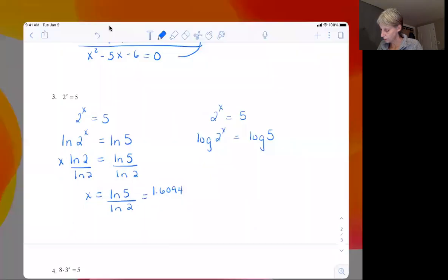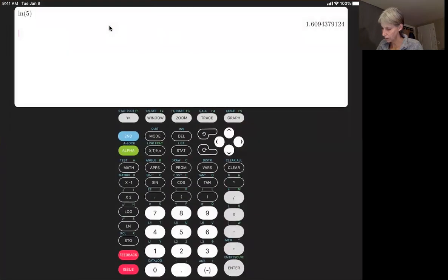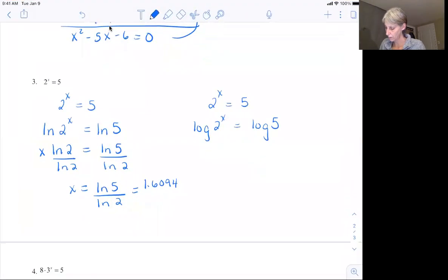Let's see, ln of 2, I wanted to just pull up the calculator. And that's 0.693147, etc.